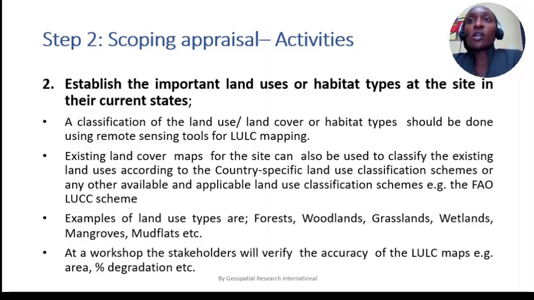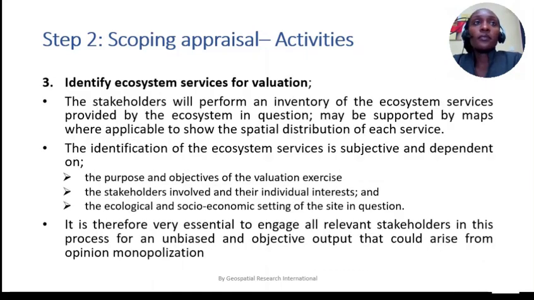So at an organized workshop, the stakeholders will discuss the land use land cover maps of the degraded site. They will verify the accuracy of the same with specific reference to the total area of each land use type and the percentage of the degraded site occupied by each of the land use types.